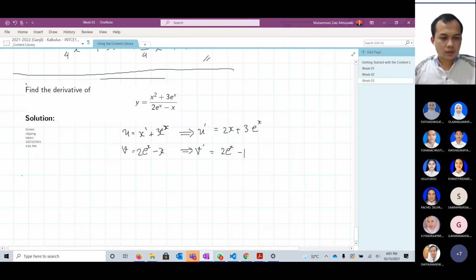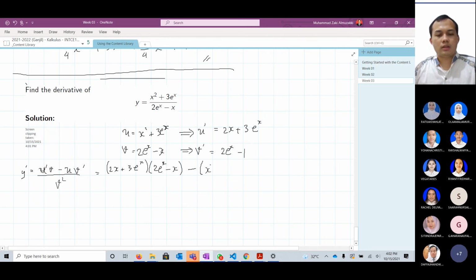So in this case, y prime is equal to u prime v minus u v prime over v squared, which is 2x plus 3e power x times v, which is 2e power x minus x, minus x squared plus 3e power x times v prime, which is 2e power x minus 1.